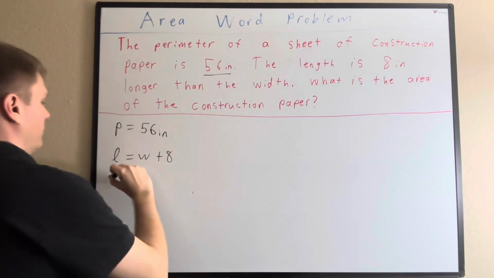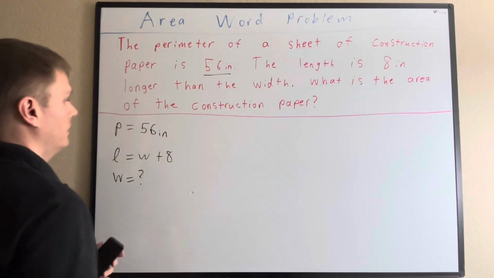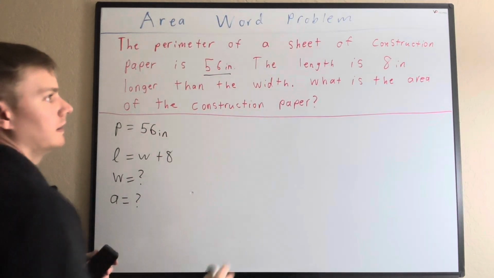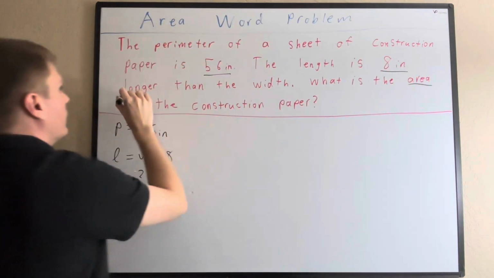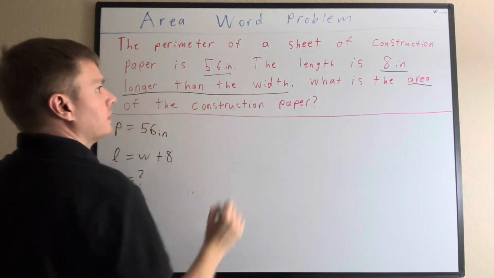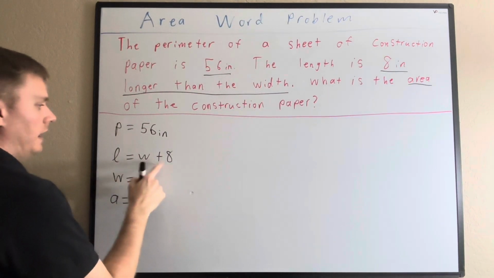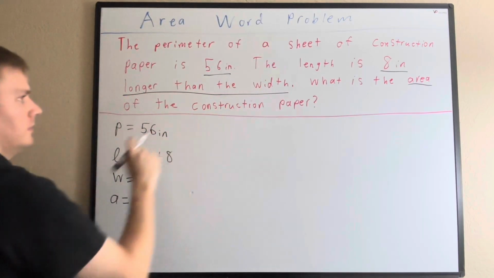Okay, and the width is, I don't know. And the area is what we're looking for. That's what they're asking for, area. 8 inches longer than the width gives me that. Take the width, add 8, you get the length. What is the area of the construction paper?